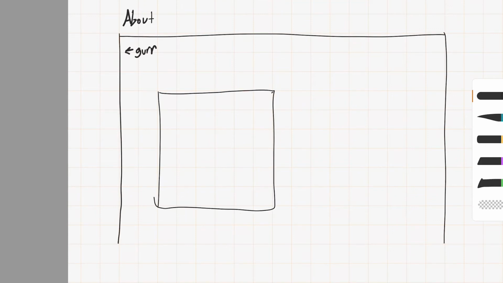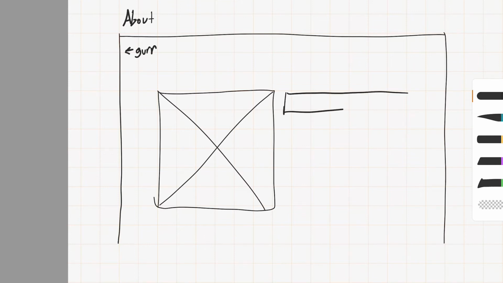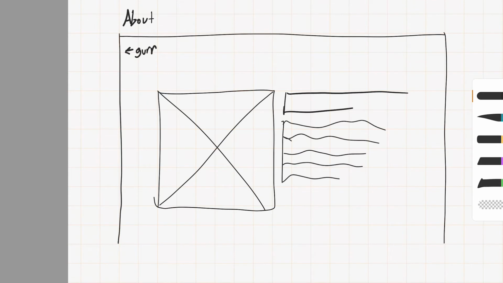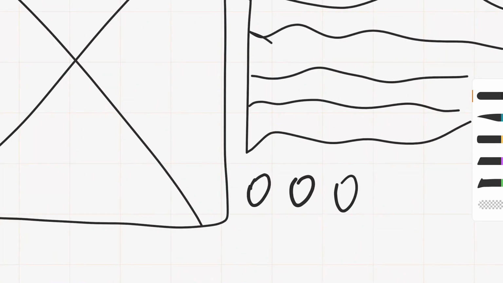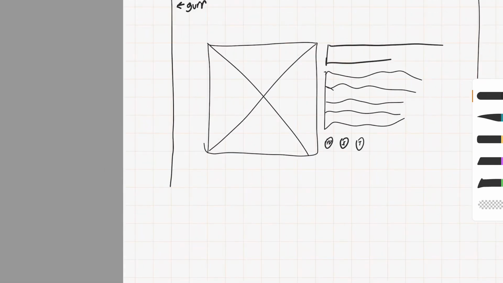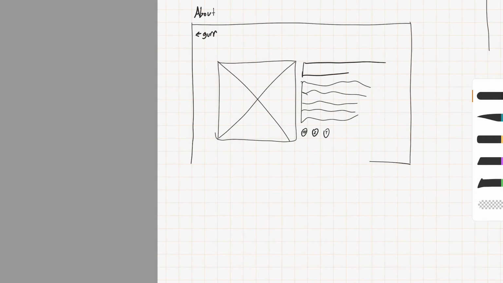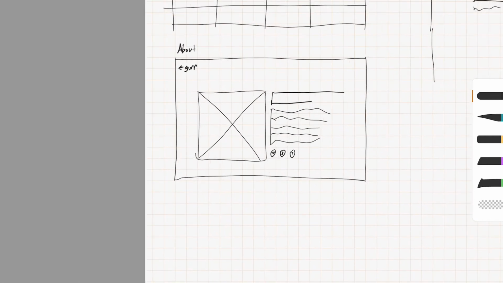Then if you want information about yourself, maybe have your name here, a little body of text for anyone who's really interested, and maybe a couple of handles, like social media, Facebook, Instagram, Twitter, something like that. But that's really it. I wouldn't put too much else here.